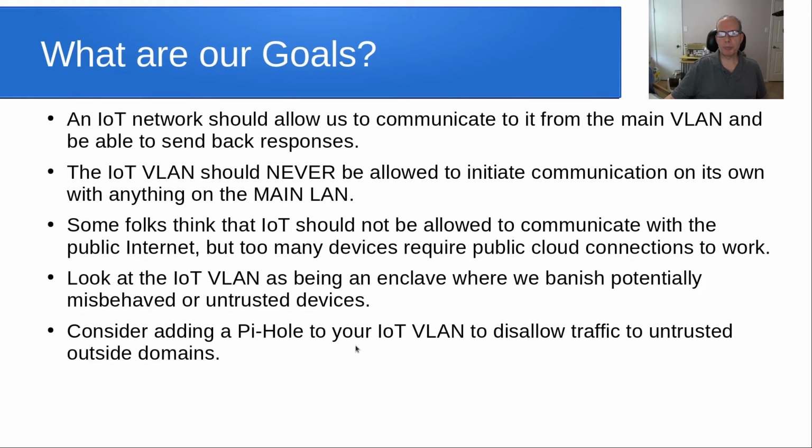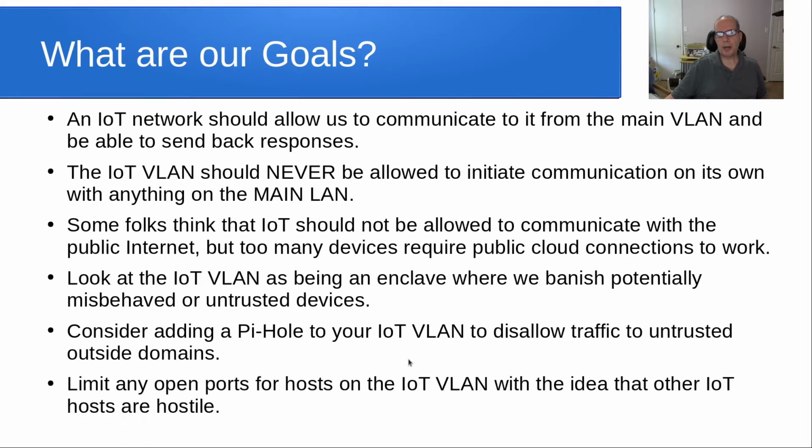And Pi-hole is a really good solution because it can disallow outbound access to domains that have been known to be untrusted. And there are other means to do that as well. And then finally, limit any open ports for hosts on your IoT VLAN with the idea that other IoT hosts are hostile.